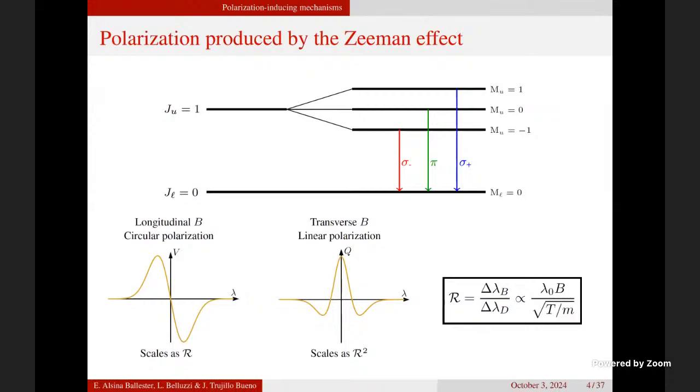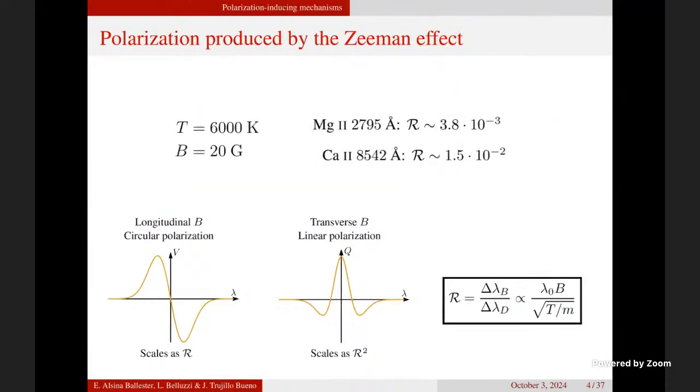Now, the circular polarization amplitude scales as this parameter, while the linear polarization scales as its square, and therefore it should be expected only for much stronger magnetic fields. In addition, because of this dependence on wavelength, we typically get larger R parameters and therefore more sensitivity to the Zeeman effect for infrared lines than for ultraviolet light.